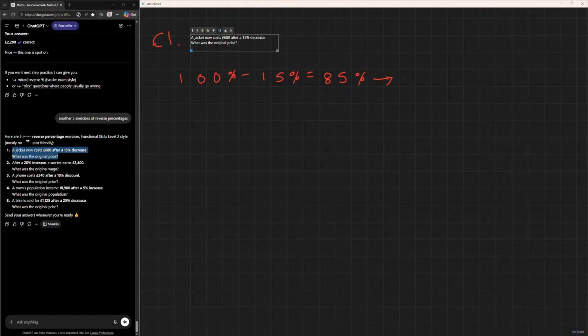So pounds sign 680, and we want to find the original price, which is X. So this is what we're looking for.